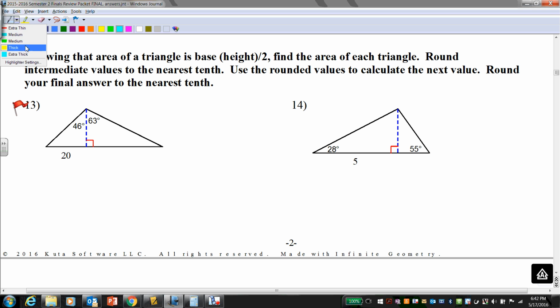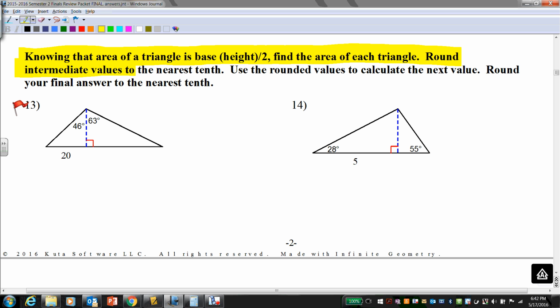It says right here, knowing that the area of a triangle is base times height over 2, find the area of the triangle.